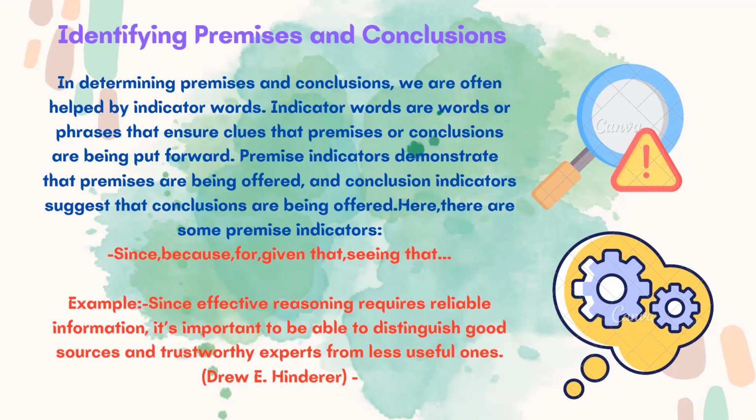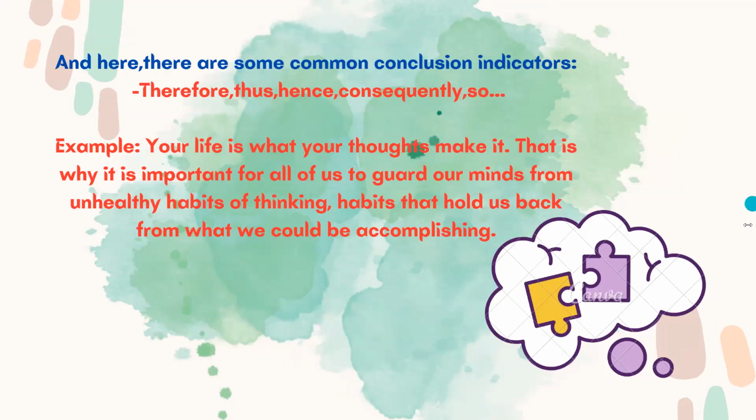I give an example. Since effective reasoning requires reliable information, it's important to be able to distinguish good sources and trustworthy experts from less useful ones. And here are some common conclusion indicators: therefore, thus, hence, consequently, so.